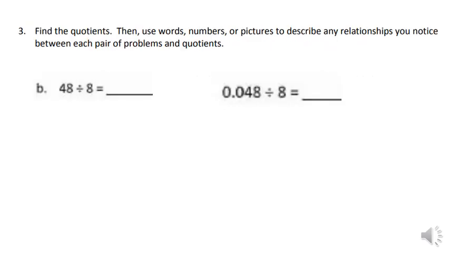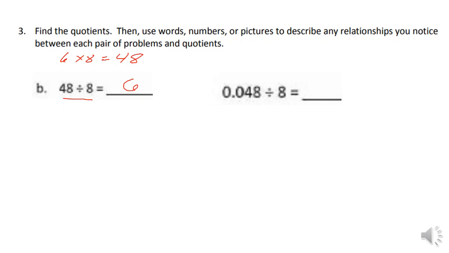Find the quotients, then use words, numbers, pictures to describe the relationship you notice between the pair. Well, if we know our multiplication facts and division facts, 48 divided by 8, okay? Well, I know 5 times 8 is 40, 6 times 8 is going to be 48. So if I know 6 times 8 equals 48, that means 48 divided by 8 has to be 6.